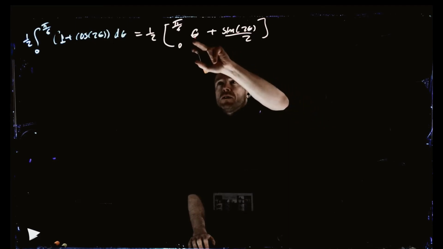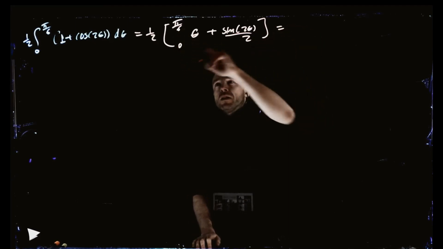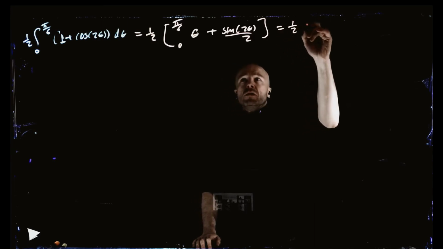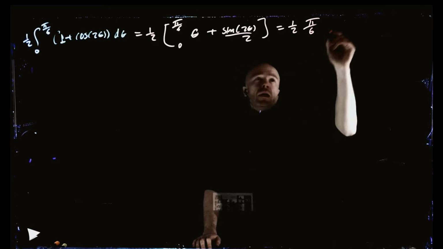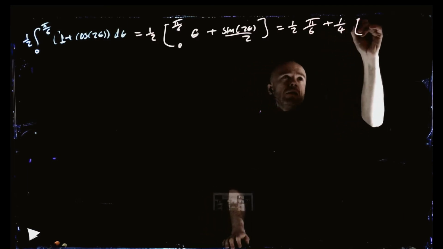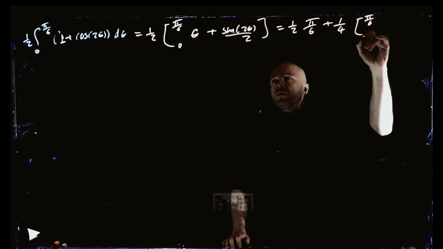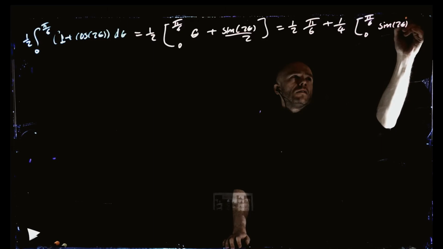This part is fine, right? Evaluating this part, we're going to have 1 over 2 times just pi over 6 from this part. And then we're going to have 1 over 4, and we want to evaluate from 0 to pi over 6 sine of 2 theta.